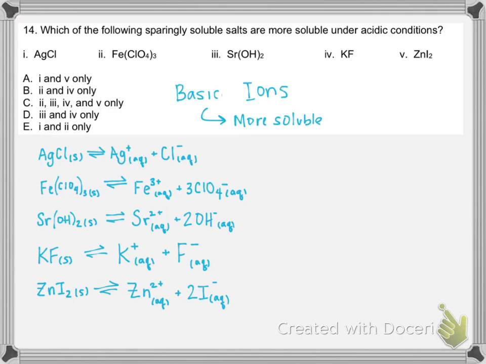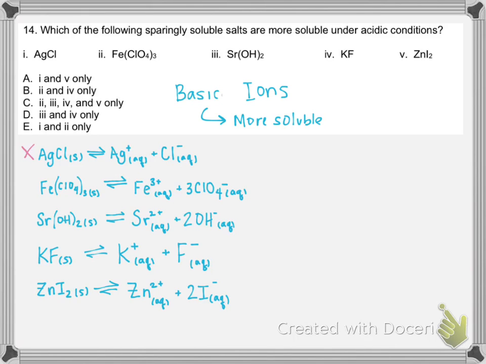Okay, so if we look at the silver chloride and use our old-fashioned acid-base knowledge, we'd say that neither of these ions are basic. Chloride's a spectator. Silver might be a pretty bad Lewis acid, if anything, but definitely not a base.